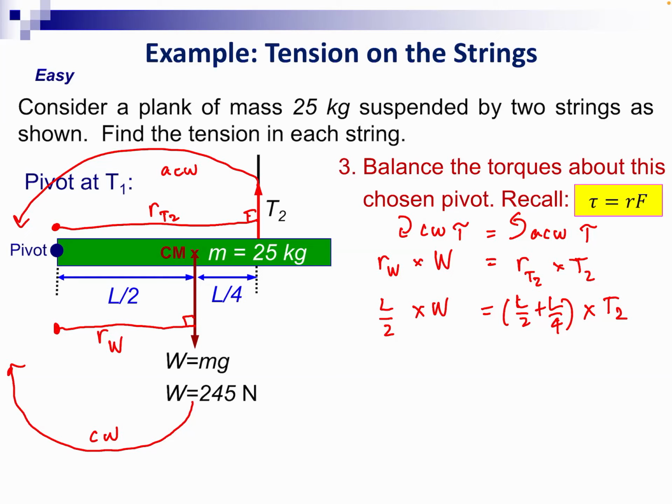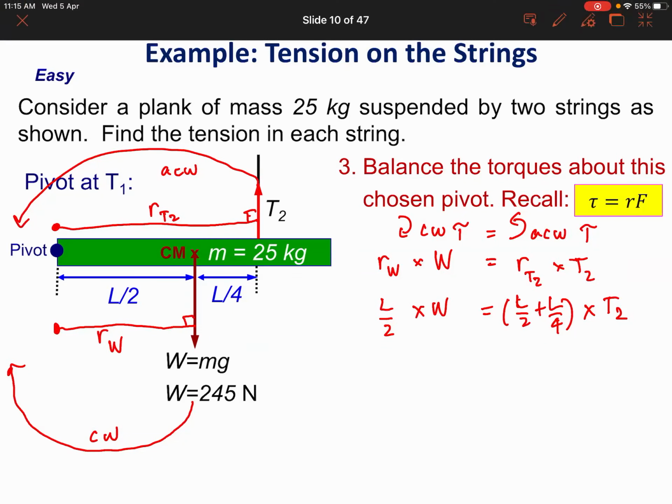Okay, so we can simplify our equations now to solve for T2. We want to find T2, so all the L's can cancel out. L appears on all sides of the equation. So you have 1/2 weight is essentially 1/2 plus 1/4 T2. This one is 3/4.